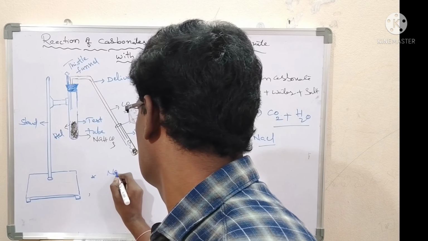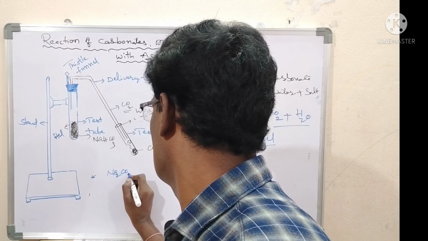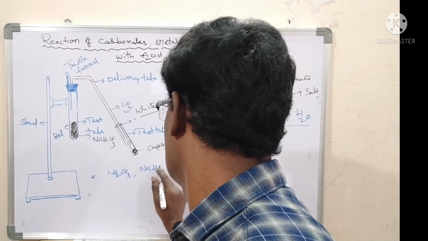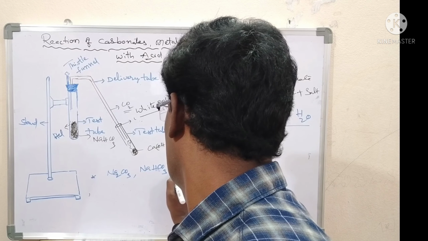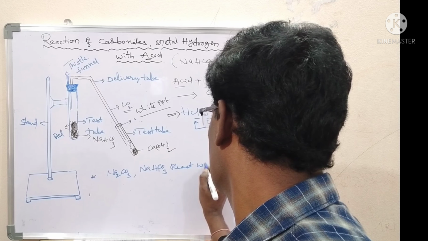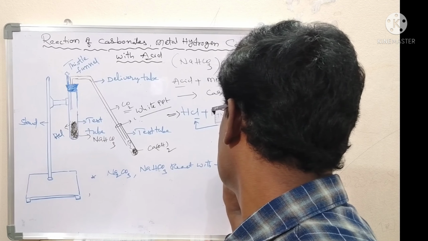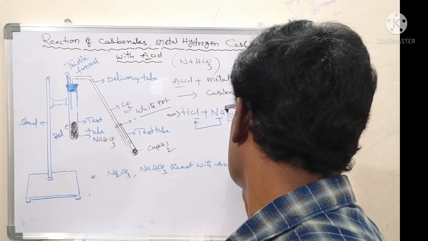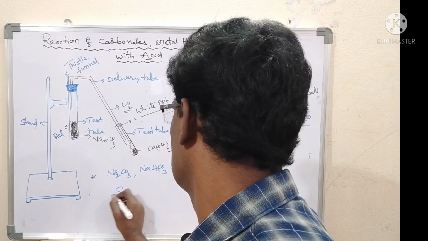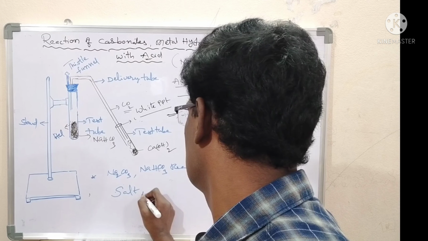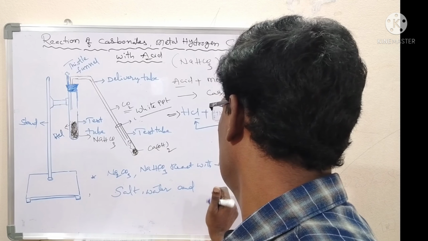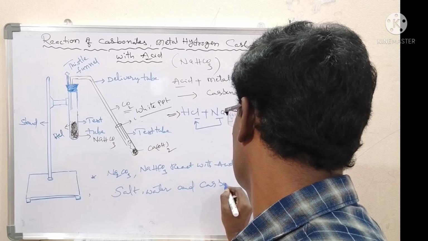Carbonates, meaning Na2CO3, and NaHCO3, both react with acid and produce salt, water and carbon dioxide.